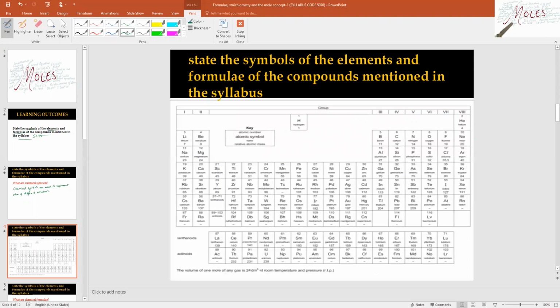Let's look at this periodic table. You see all the elements are represented by a letter or letters. They are known as symbols of these elements.